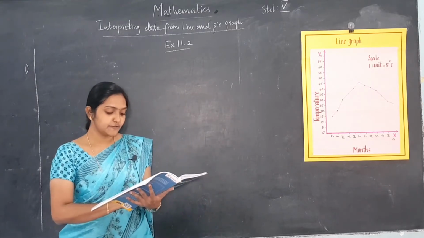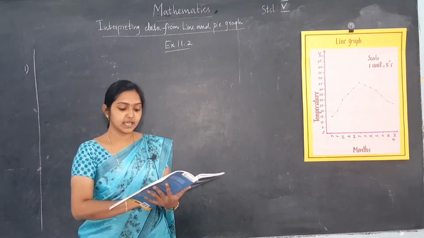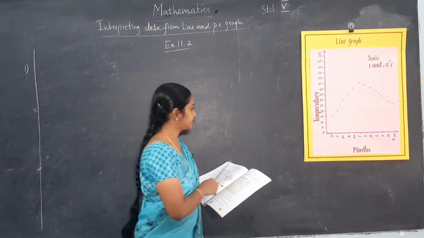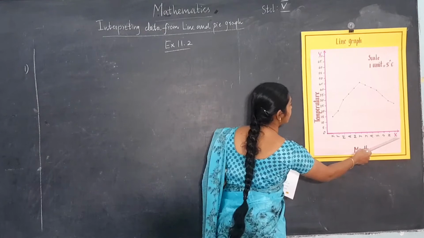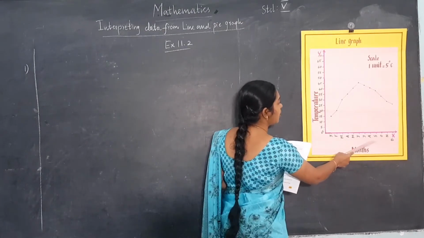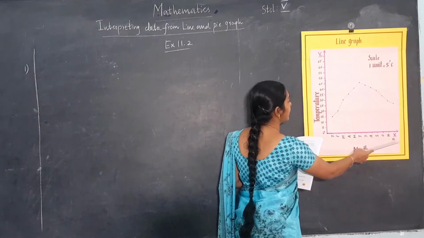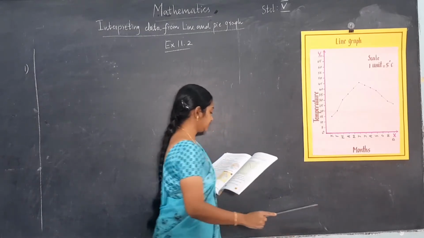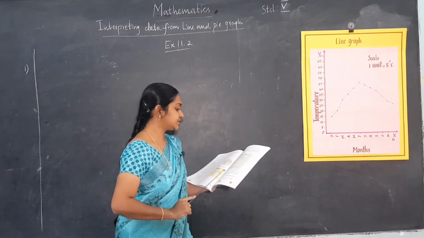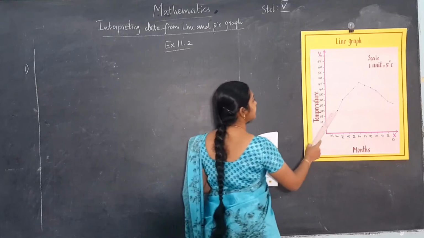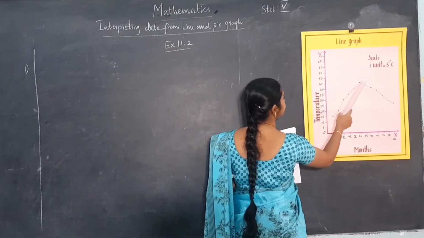First question is, which month experienced the highest average temperature? Here all these are months: January, February, March, April, May, June, July, August, September, October, November and December. Here it is temperature. The highest average temperature is here.